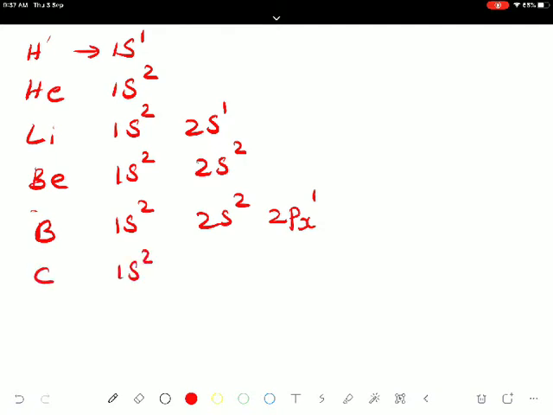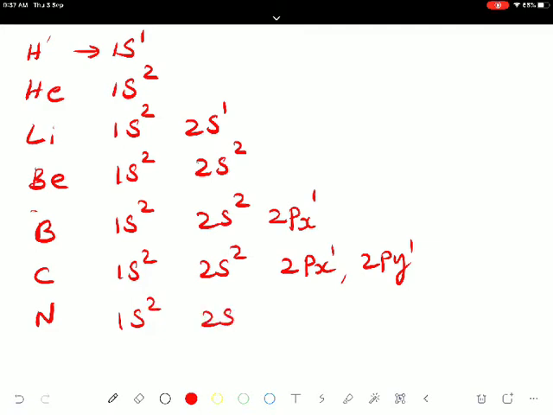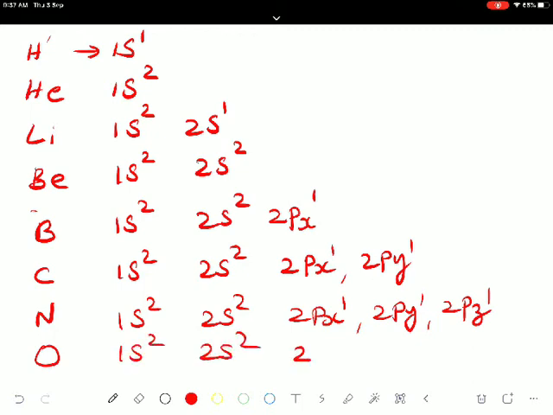Carbon 1s2, 2s2, 2px1, 2py1. Nitrogen 1s2, 2s2, 2px1, 2py1, 2pz1. Oxygen 1s2, 2s2. Now pairing starts. 2px2, in that box pairing started. Then 2py1, 2pz1. Fluorine.